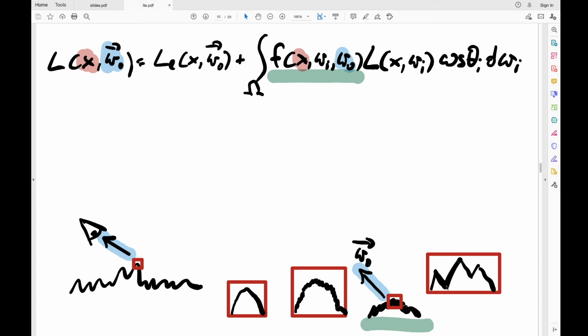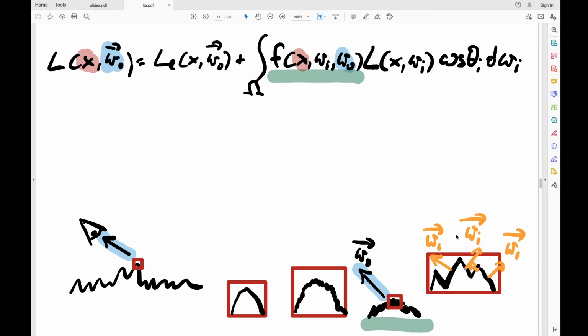Microfacet models are tiny surface patches, and those surface patches potentially occlude each other. For this position x that we are at, we have a statistical microfacet distribution, and each microfacet is subject to incoming light.